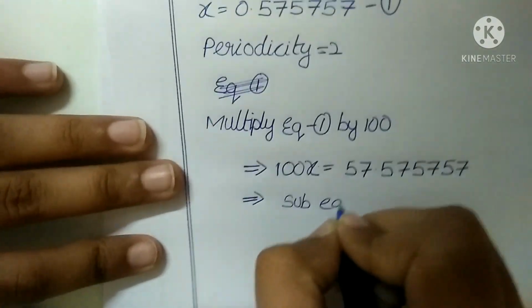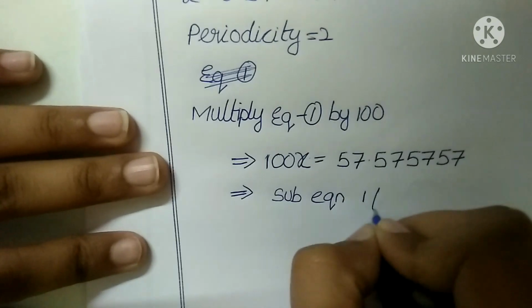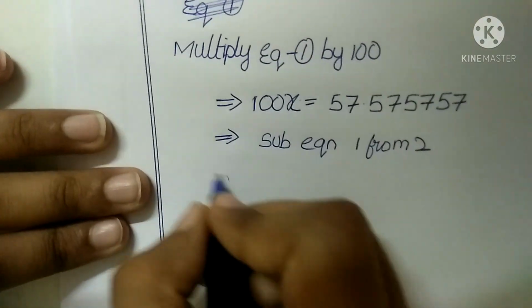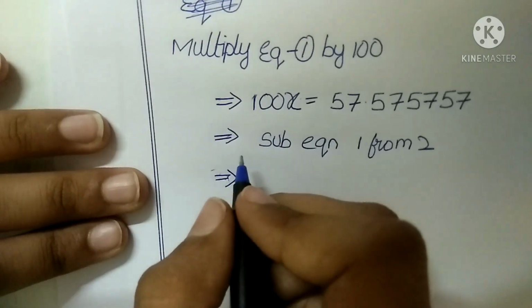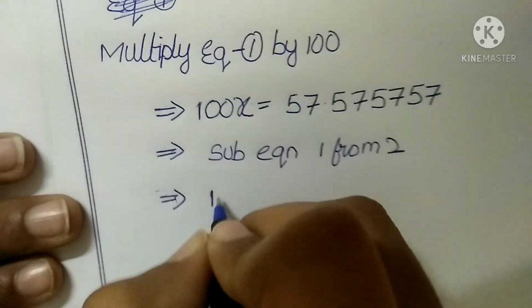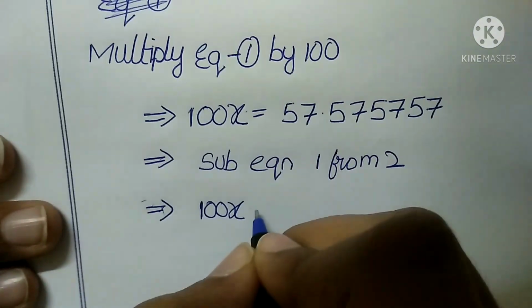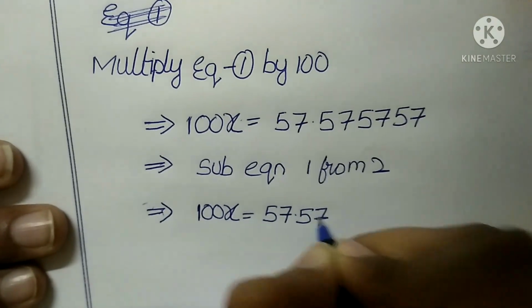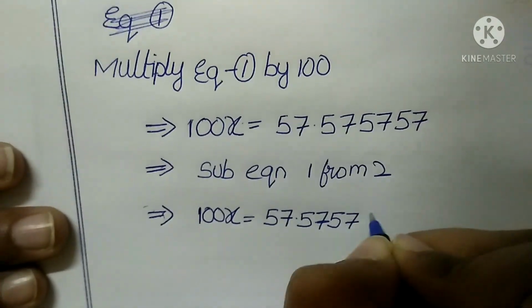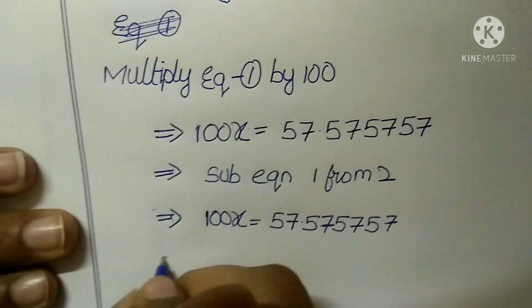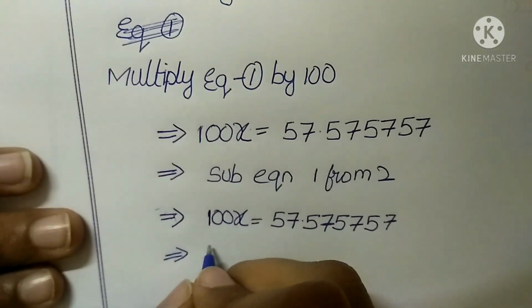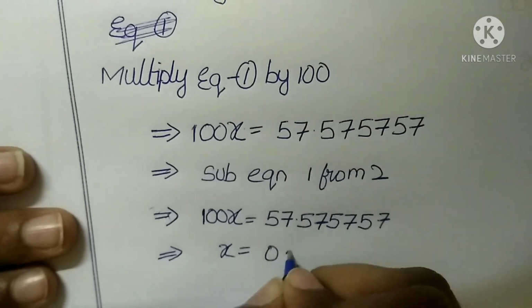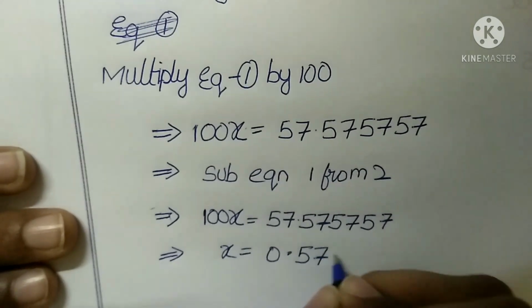By subtracting the first equation from equation number 2, we get 100x equals 57.5757 and x equals 0.575757.